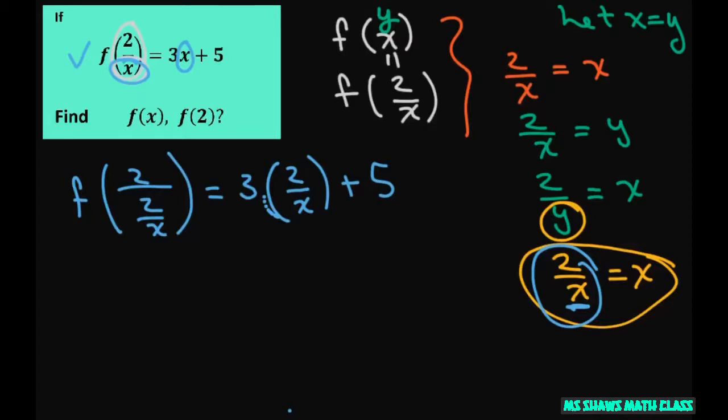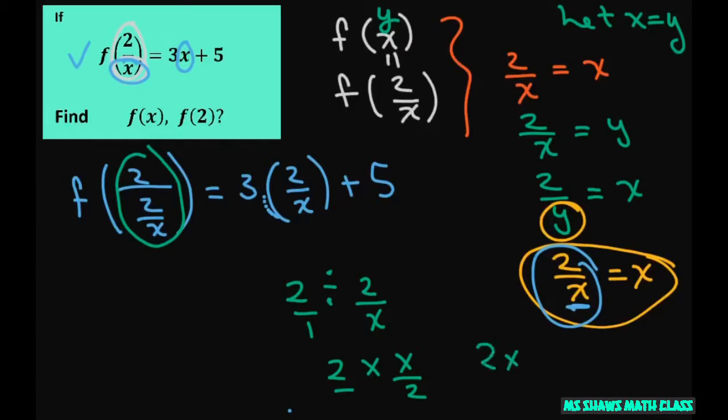Now when you do that, let's look at this piece and simplify it. That is really 2 divided by 2 over x. If you remember your elementary school, you keep, change, and flip. Now this is going to be 2x divided by 2, which is just x.